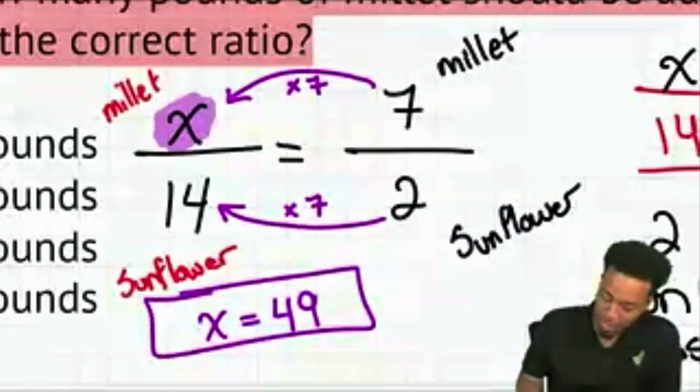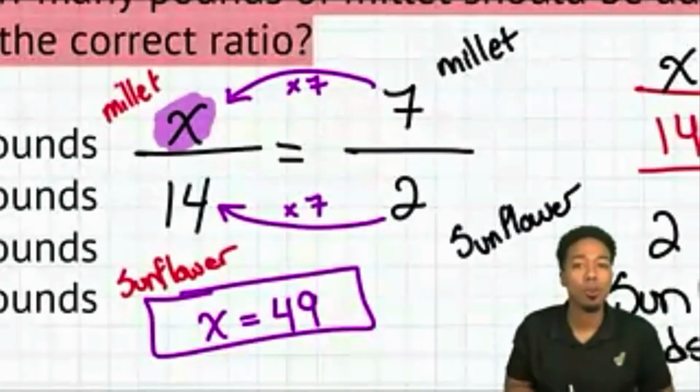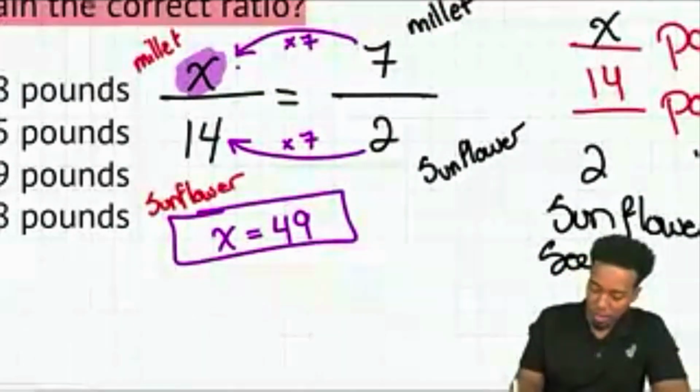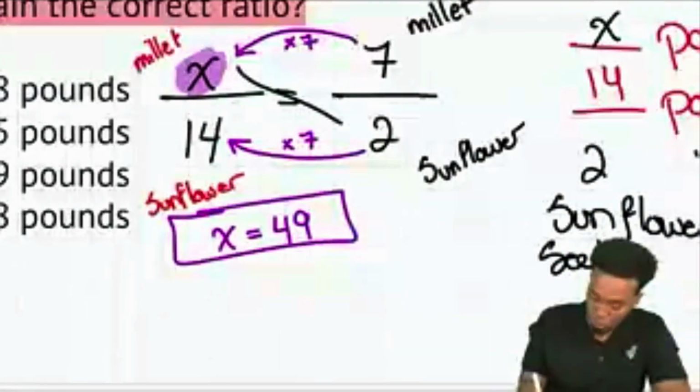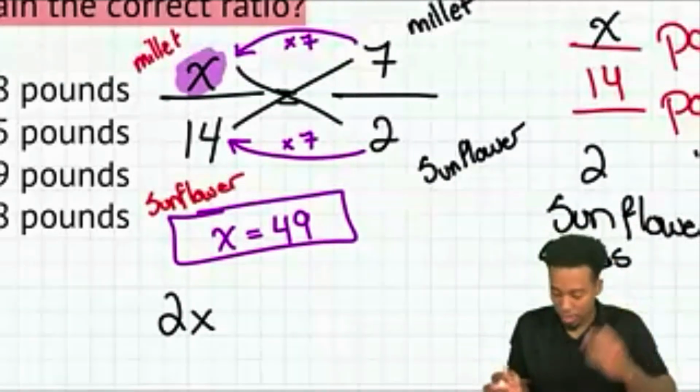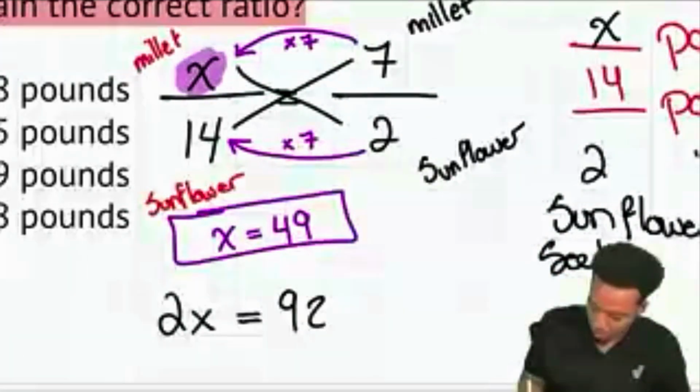Nice and easy. And if you wanted to, you could absolutely cross multiply and divide. I'll show you what those numbers look like. 2 times X would end up being 2X. And then 14 times 7, 70 plus 28, 98. So you would have 98 right there.